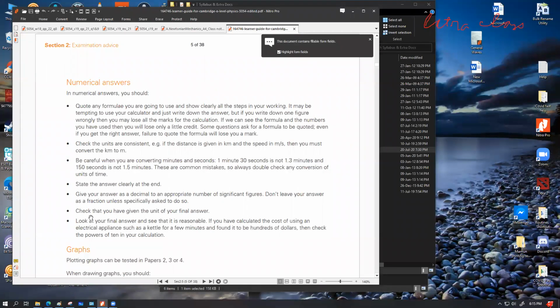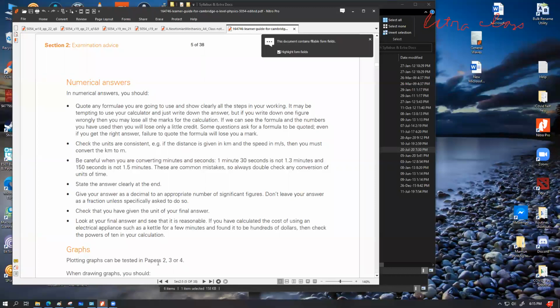So what I'm trying to say is that whenever you have a measurement that is incomparable to your regular understanding of a value, for example, this is what they're saying: the power of an electrical kettle is given, and you're trying to calculate the bill. They found it to be hundreds of dollars.